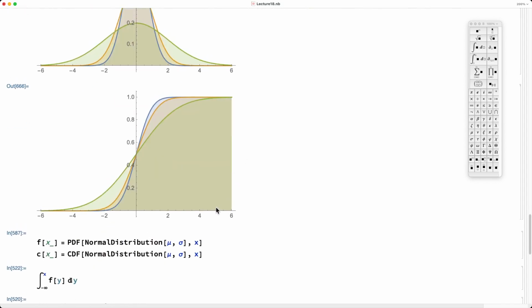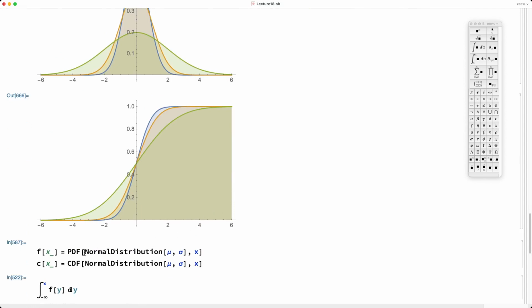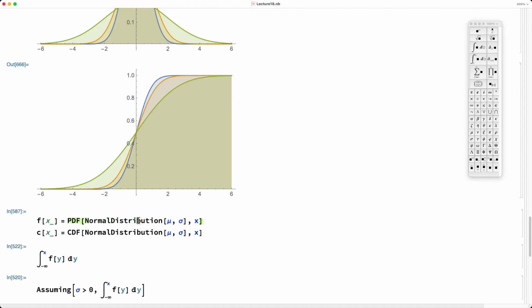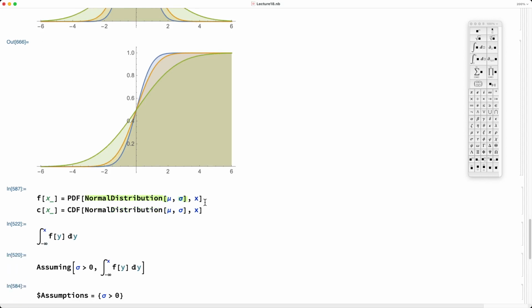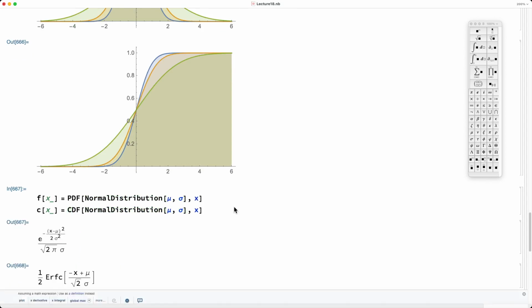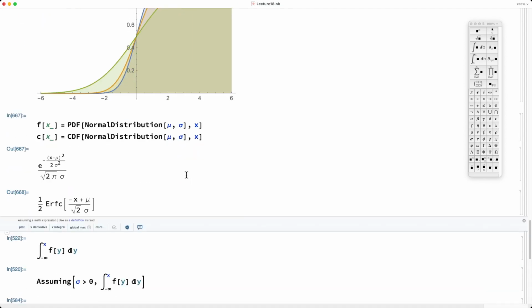We can also define these to be functions. So for convenience, let's call the normal distribution for a mean mu and a variance sigma, and let it be a function of x. And we can also define the CDF, or the cumulative distribution function, for the Gauss distribution.